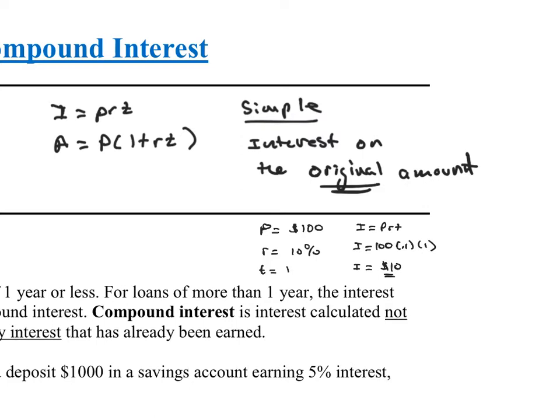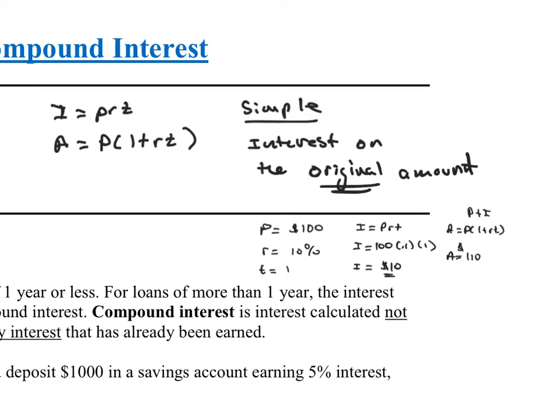So after 1 year, if I did A equals P times 1 plus RT and plugged in these numbers, or I could have just done A equals P plus I now that I've calculated it, I would have ended up with $110. So the question becomes, how much would I have after 2 years? Well, in a simple interest account, you always get that same amount of interest.